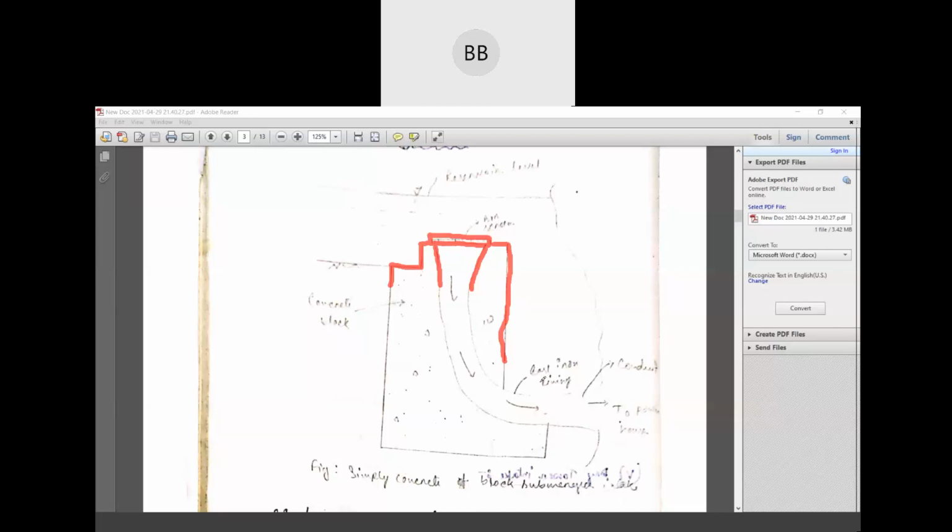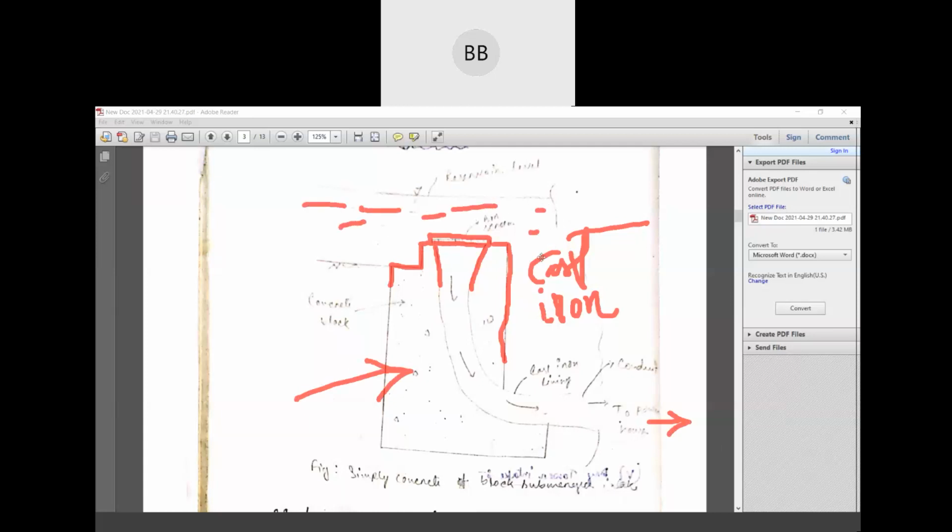Here it's written cast iron lining. This is your tunnel, this goes to the powerhouse, this is your concrete block, and this is your reservoir. It's at the bottom of the reservoir. This is the level of the reservoir.